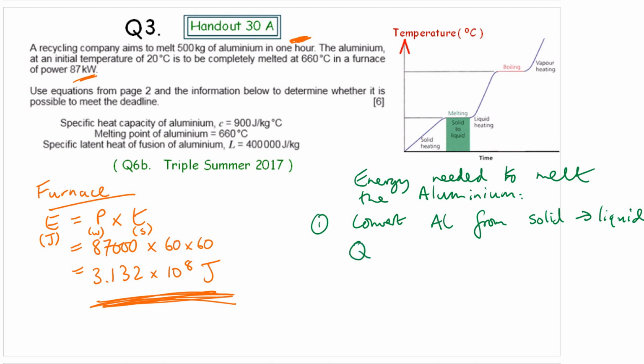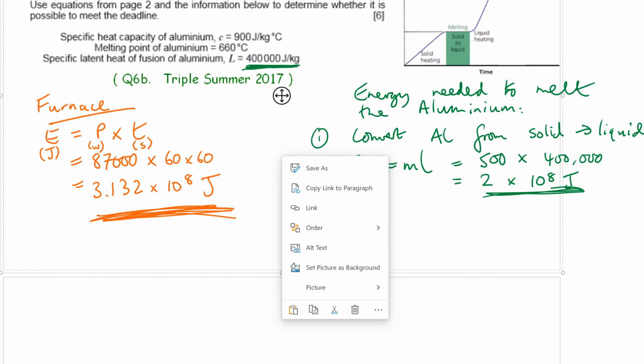That is the specific latent heat equation, Q equals mL, and that equals the mass, which is 500, multiplied by the specific latent heat of fusion, and that gives us 2 times 10 to the 8 joules. That is the amount of energy needed to melt the solid aluminium into a liquid.